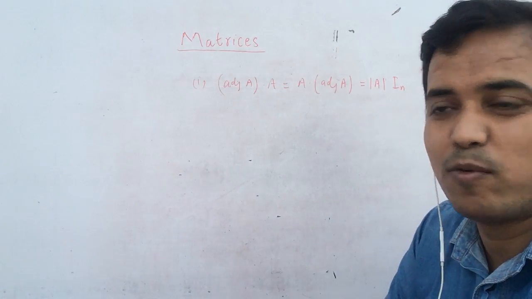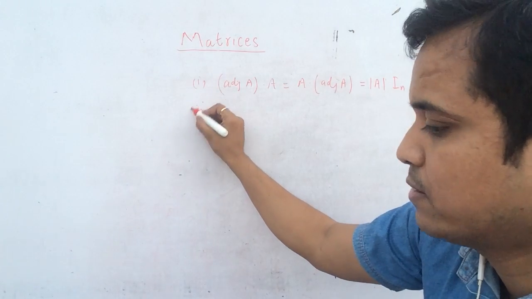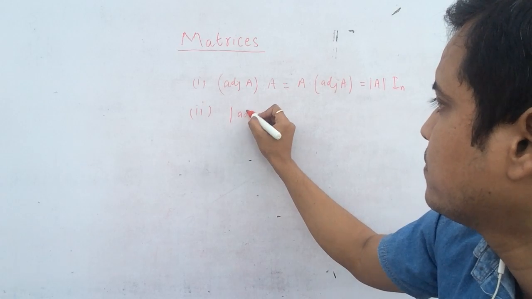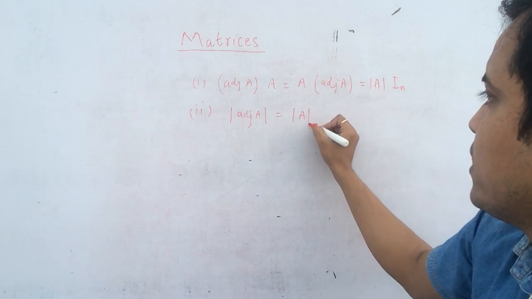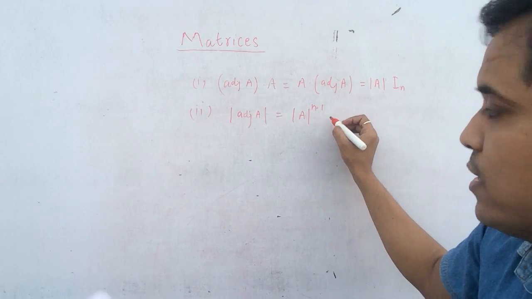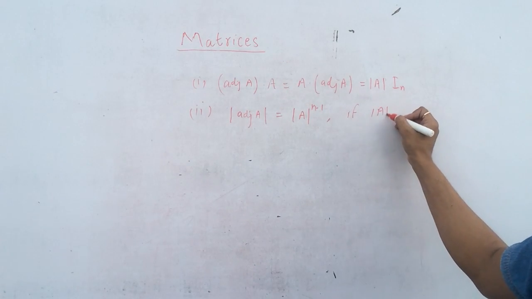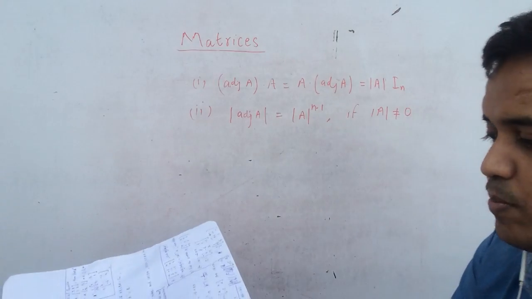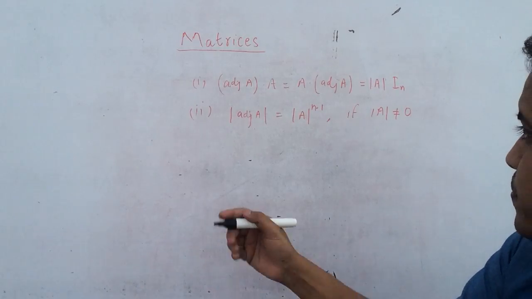So it is one of the rules. Second is, determinant of adjoint of A equal to determinant of A raised to power n minus 1. And here A should be non-singular, which means determinant of A should not be equal to 0.